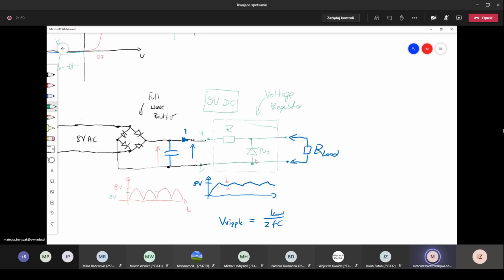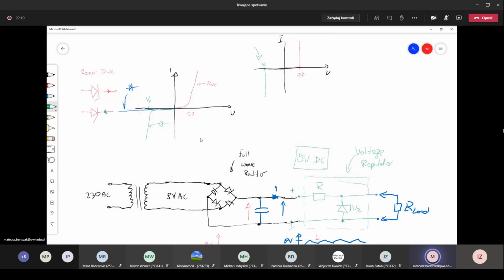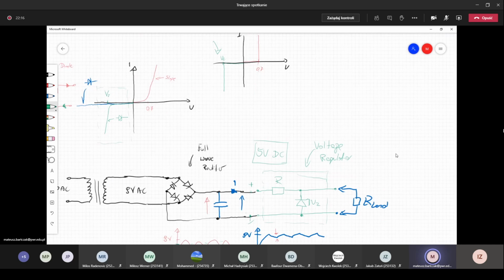So this Zener diode is configured in the reverse mode. We are using only this part of the characteristic.